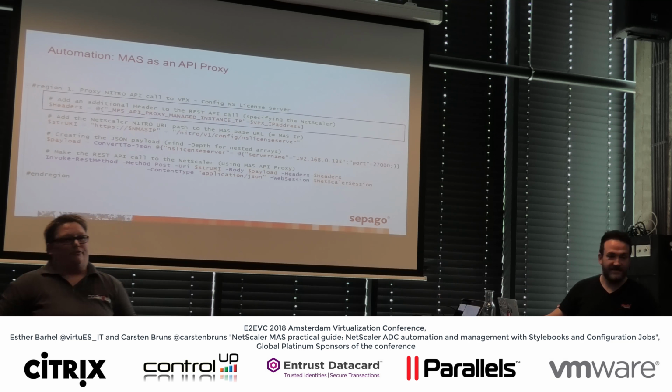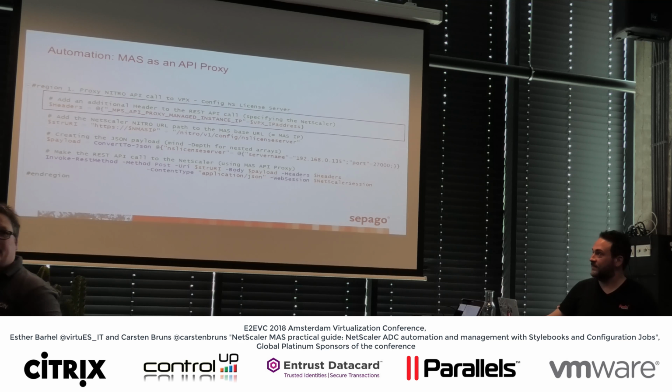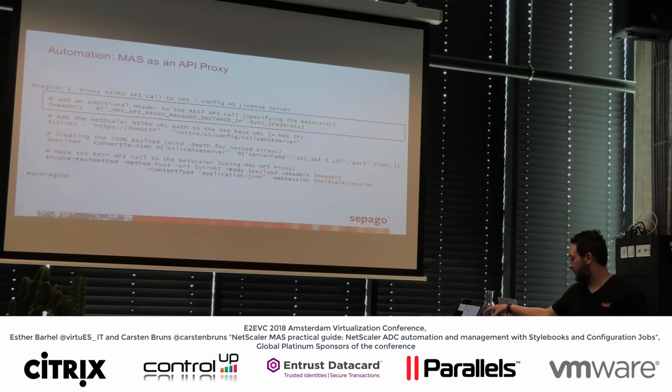One of the added benefits of using MAS is that it allows it to be an API proxy. This means that I can still basically use my NetScaler automation scripts, but I need to add one additional piece to the script, because I'm still using Nitro, specifying the same URI, only replacing the NetScaler IP with the MAS IP, and adding an additional header.